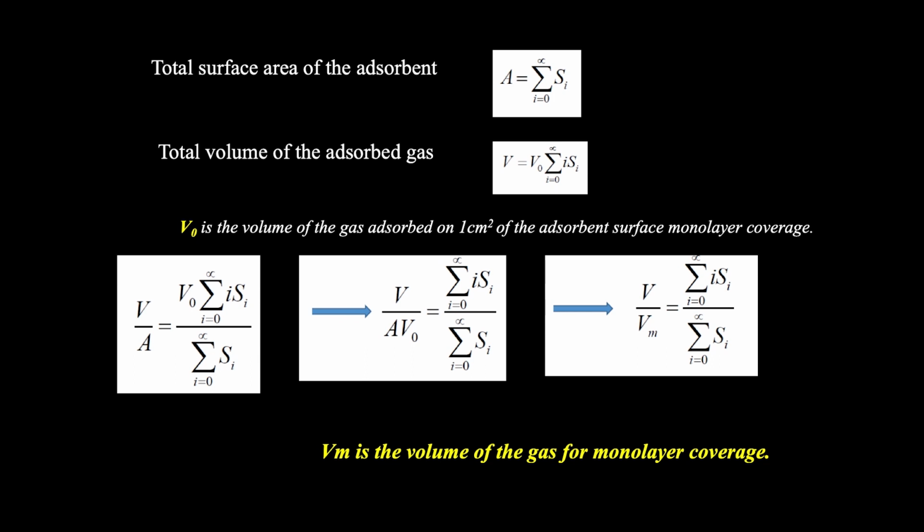We can substitute A V0 equal to Vm. Vm is the volume of the gas for monolayer coverage. Then V by Vm equal to sigma i equal to 0 to infinity i Si divided by sigma i equal to 0 to infinity Si.